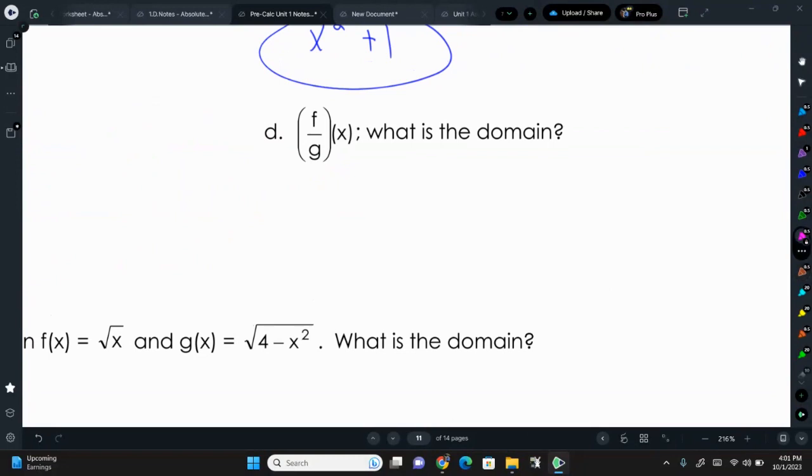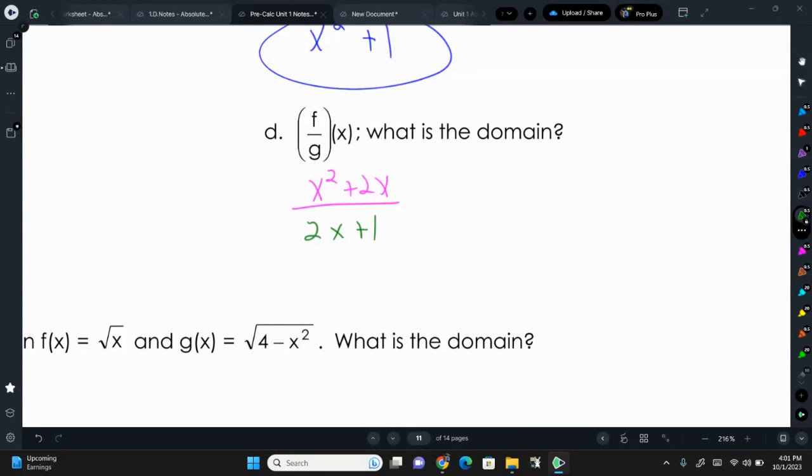We're going to divide them. So we're going to do f, x squared plus 2x, over g of x, which is 2x plus 1. Okay. So now we have to see, can we simplify that? Well, we can't really simplify that. We can't factor anything out of the numerator that will cancel with the denominator.